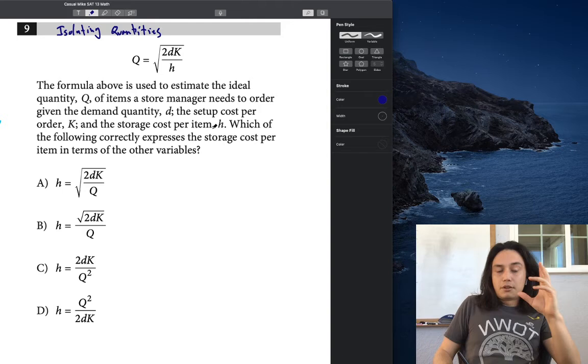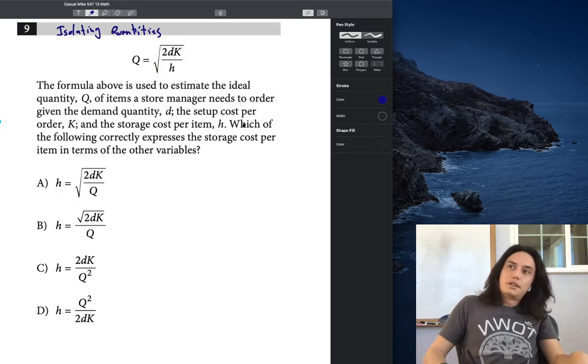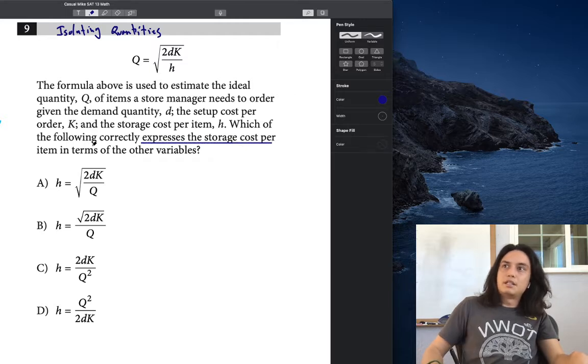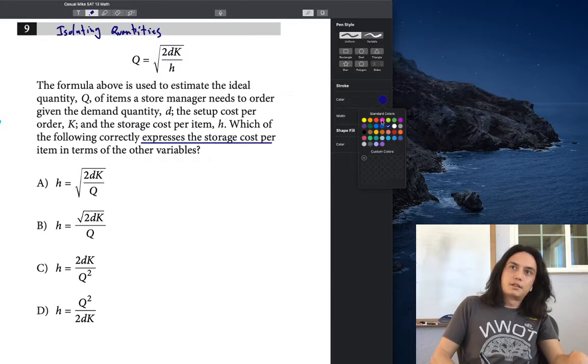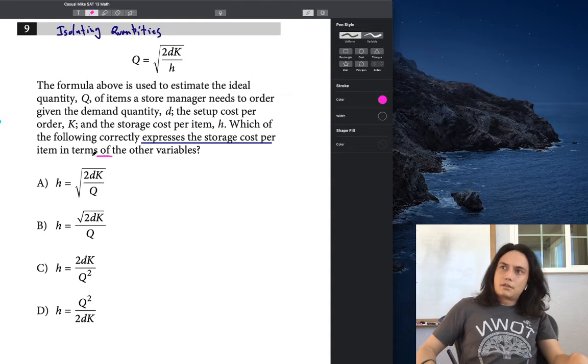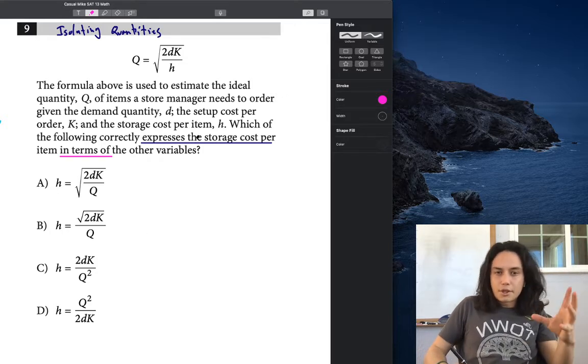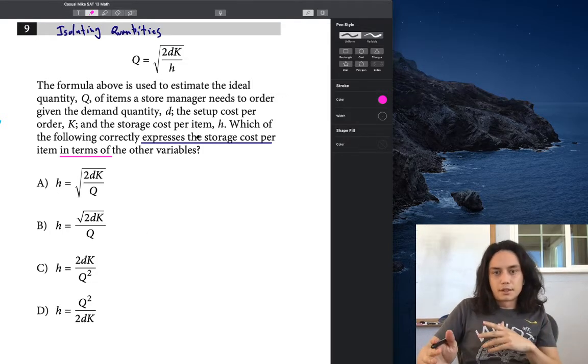And then all of these isolating quantities questions have this in common. They then ask, which of the following correctly expresses the storage cost per item in terms of, this is the big thing, they ask which of these answer choices expresses one thing in terms of the other things?